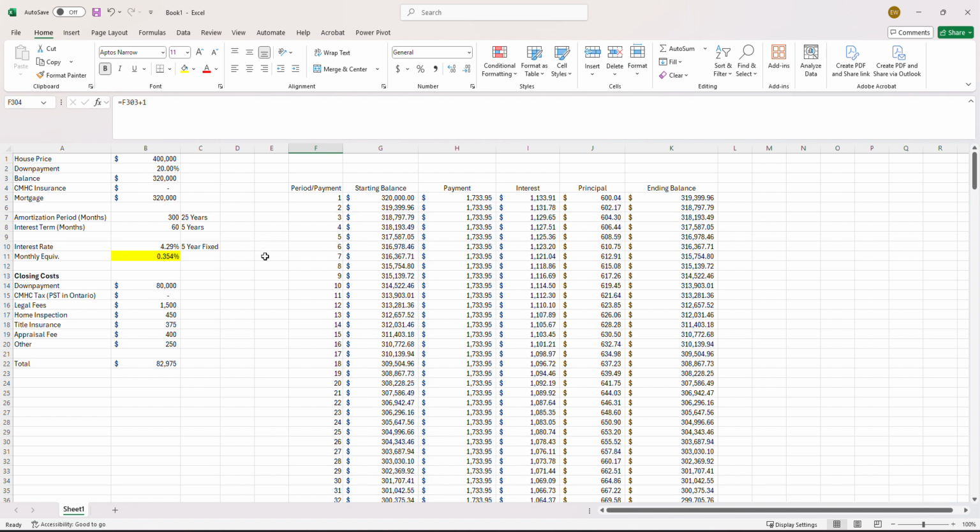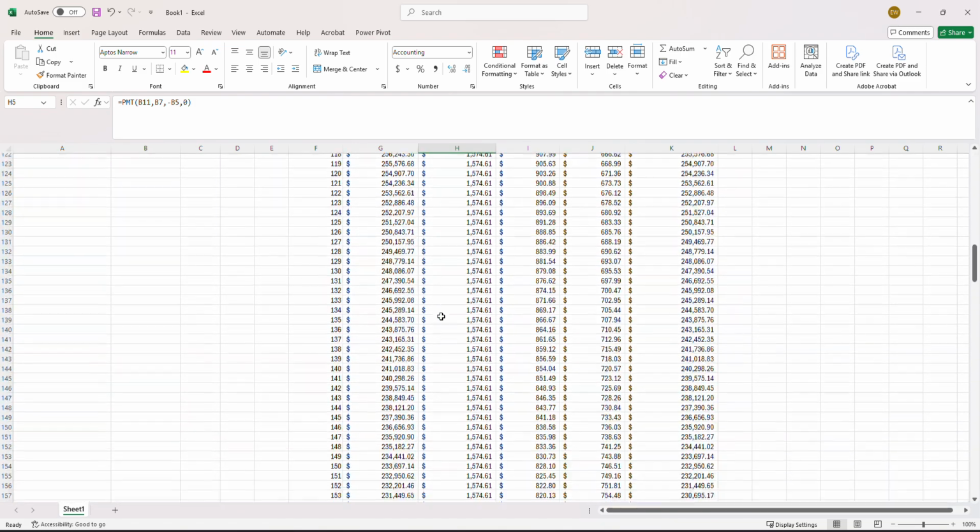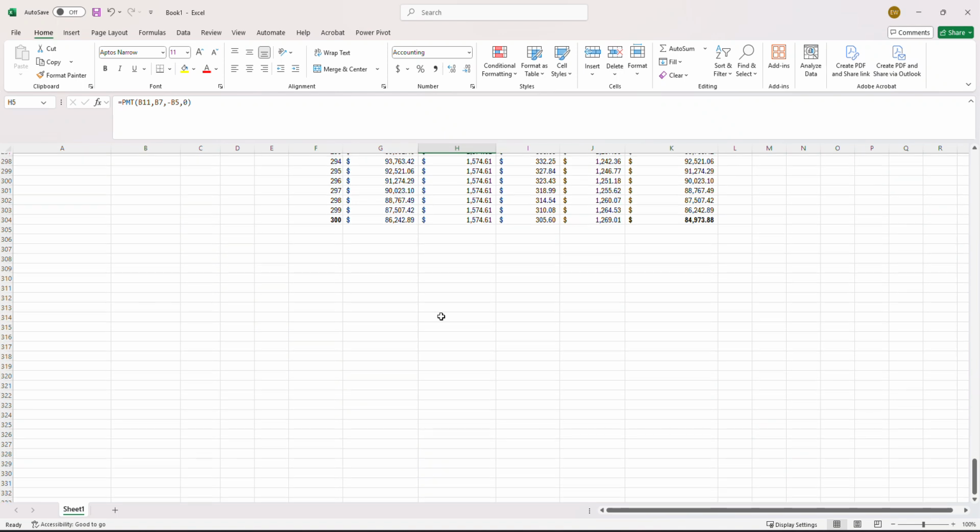You can adjust this obviously for a different scenario. For example, if this was a 30-year amortization period, then you would change this to 30 times 12 or 360. Your payment's going to go down, but you're also going to need to adjust your number of payments.